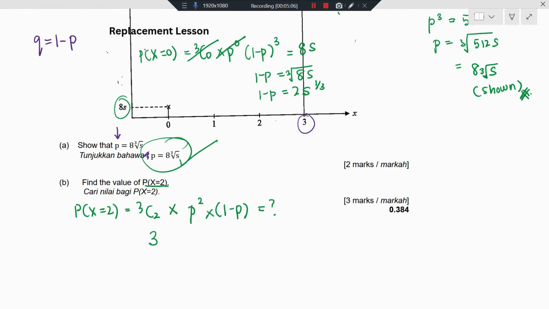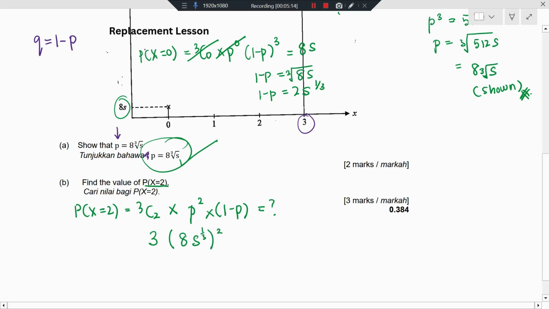Maybe I can replace that. So p squared is 8s. The cube root I replace with 1 over 3, squared, and then 1 minus p is what? It is 2s to the 1 over 3.